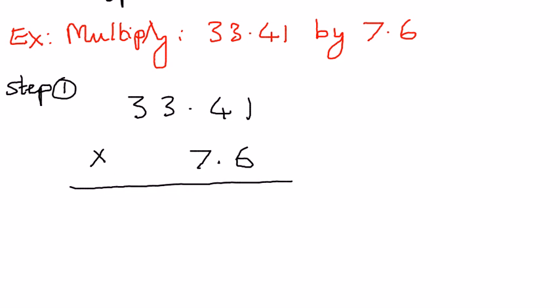So first, what we want to observe here is this. In this first number, we have two decimal places. We'll recognize that. In the second one, we have one decimal place.